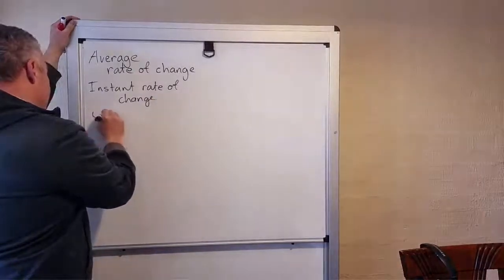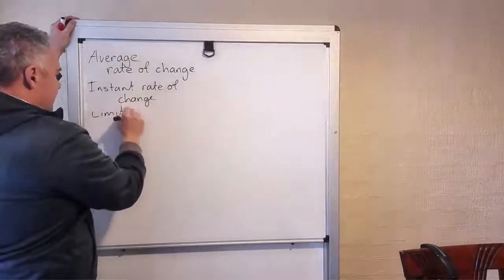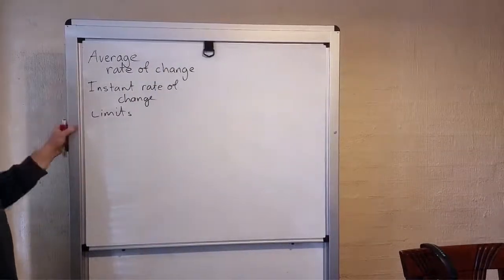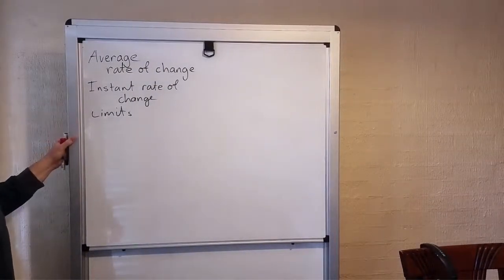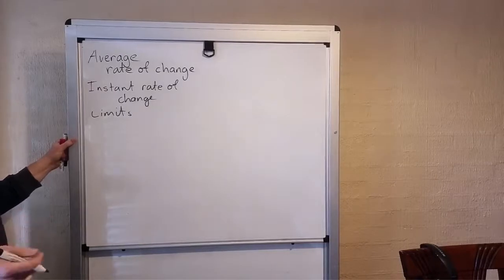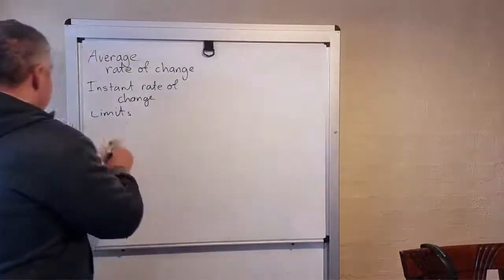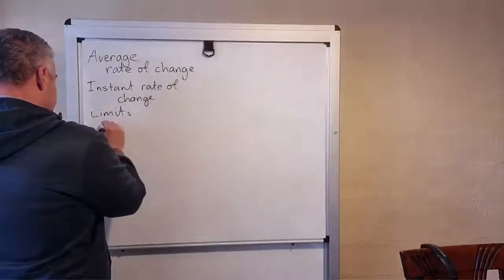And then the final idea is going to be limits. Okay? And one builds on the next, and they all sort of add together to build the picture of what we're doing this week. So, firstly, average rate of change.